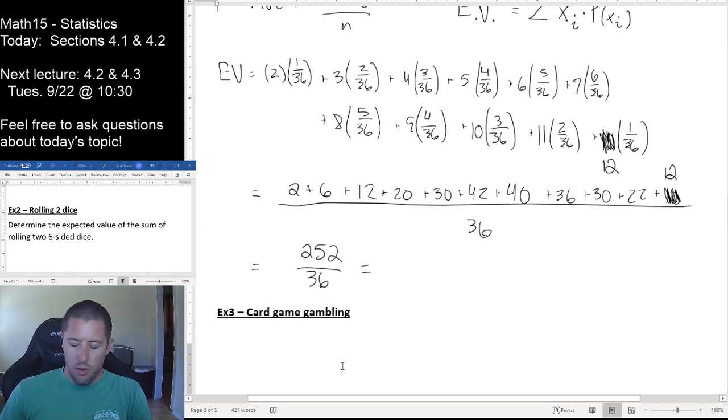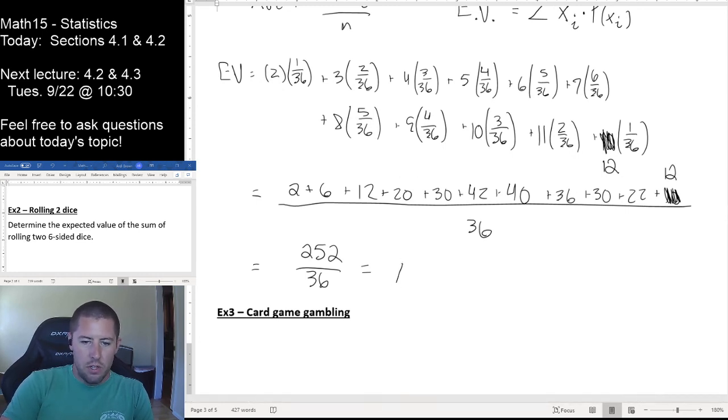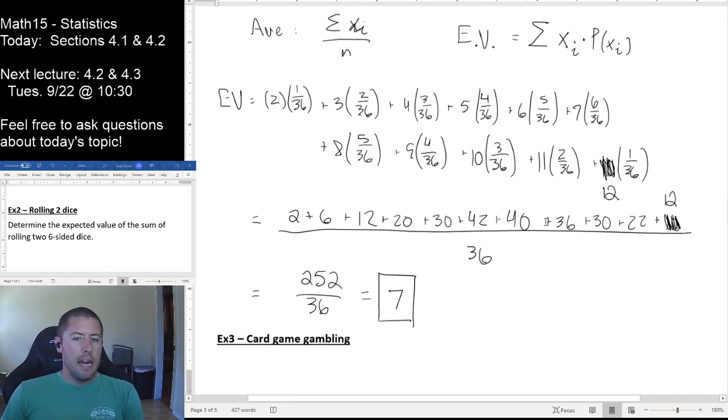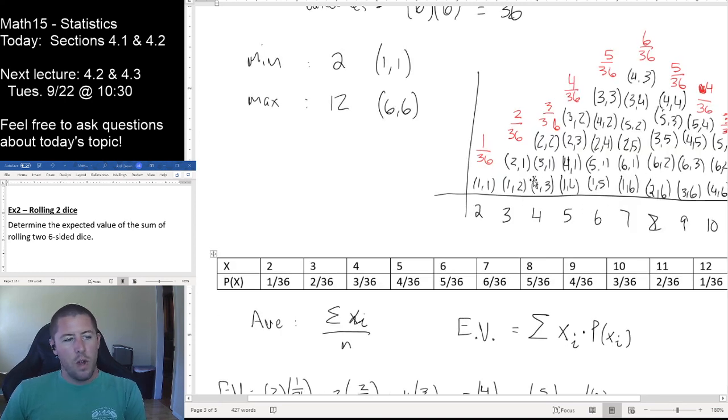I like doing these two examples side by side because the first example shows you what the computation looks like, but is a boring first example with all those 1/6. This one's a little bit more exciting because we actually have to stop and think for a second what each of our probabilities are. This is sort of like a probability event list histogram.